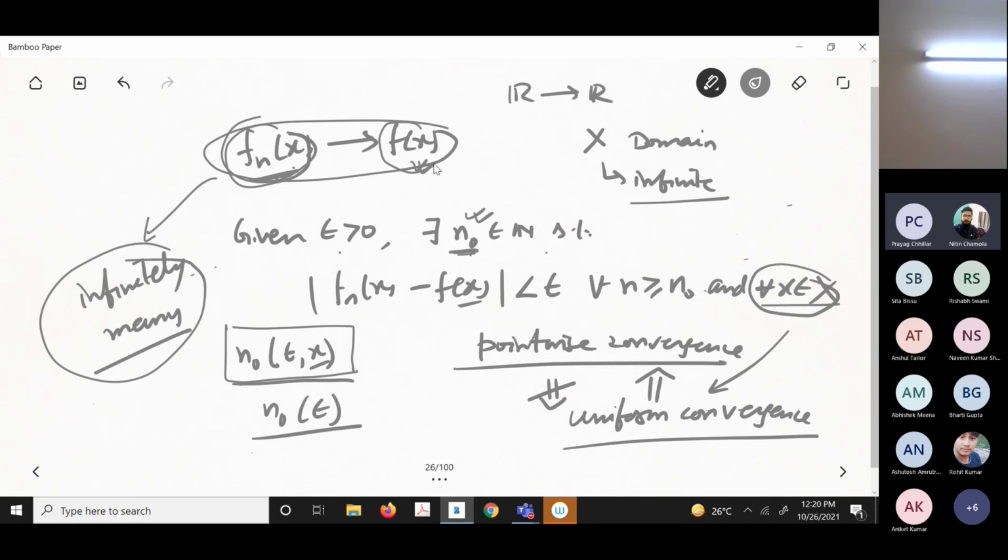This function may not be continuous. That is the difference. But if it is uniformly convergent, then it will be continuous. That means if you have uniform convergence, then this function will also behave as well as this sequence of functions. But if it is only pointwise convergence, then you may have a sequence of continuous functions, but the limit is not continuous.